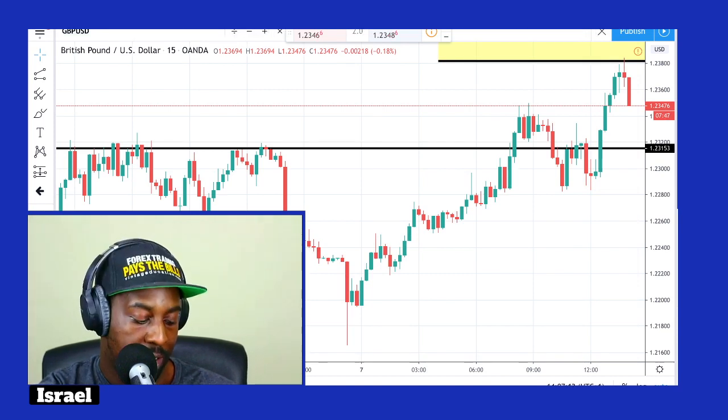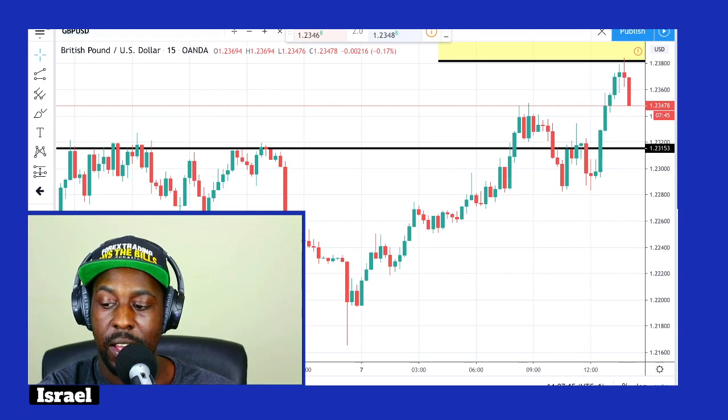Another thing I have to say as well, I didn't mention this, but you have to remember that at the same time, the fundamental fact is, make sure you check the economic calendar. You check forexfactory.com, whatever market it is, and check the scheduled data, not only the live newsfeed data, but you check all of this stuff and see exactly what's happening. So just factor that in as well.